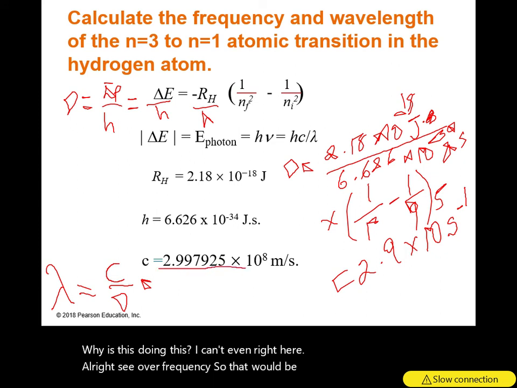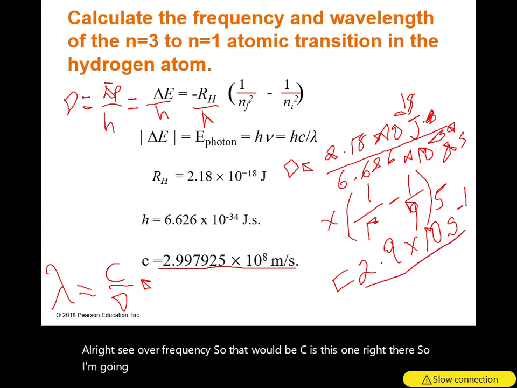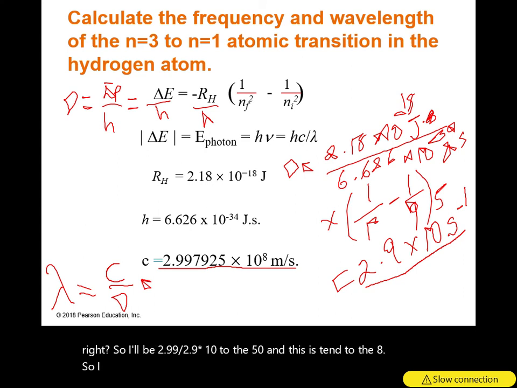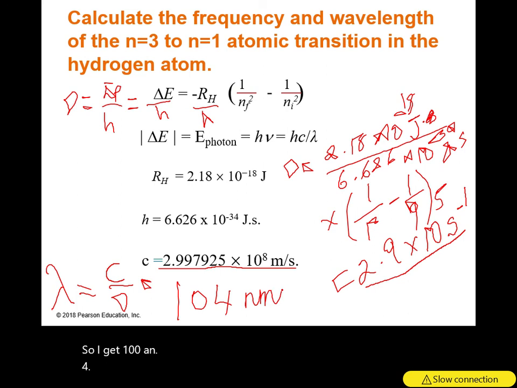So I'm going to put that number divided by this number right here, right? So it'll be 2.99 divided by 2.9 times 10 to the 15. This is 10 to the 8. So I get 104 nanometers.